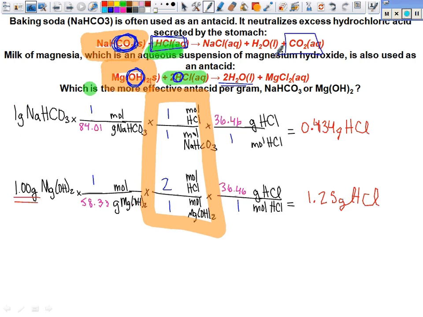So why do you think whenever you pour baking soda on stuff, sometimes it bubbles? That's why, because you're producing that carbon dioxide gas. So chemically speaking, it should make more sense that we use a strong base to neutralize a strong acid. But this proves the math of why magnesium hydroxide is a much better neutralizer than the baking soda.